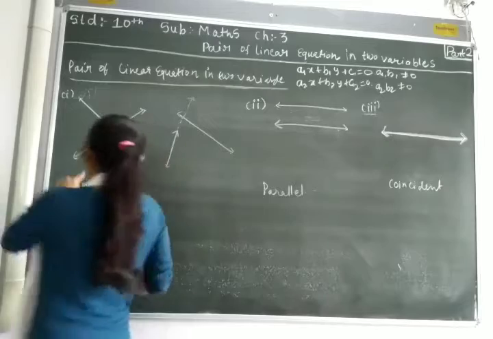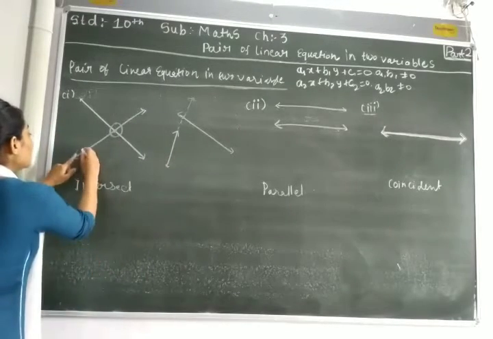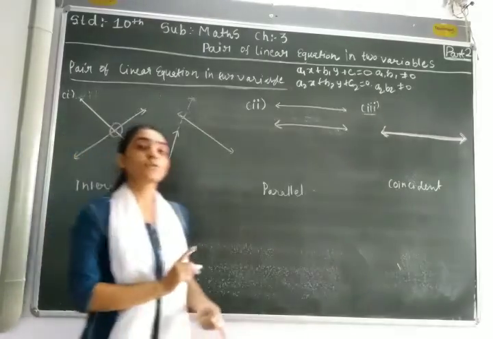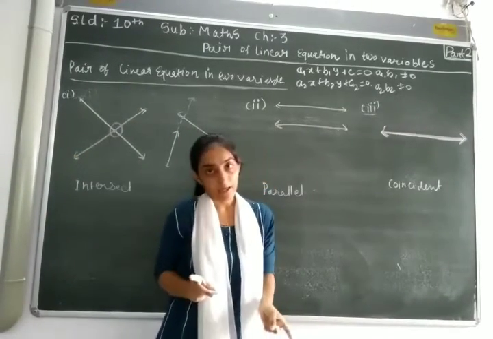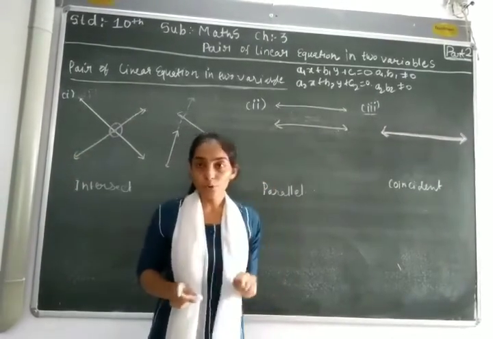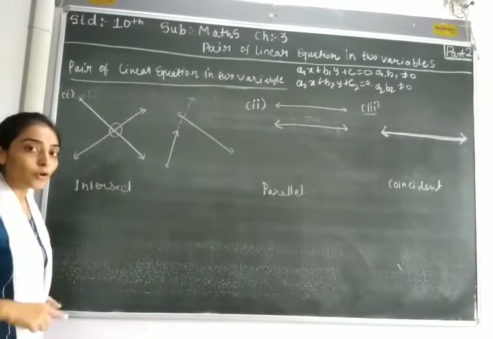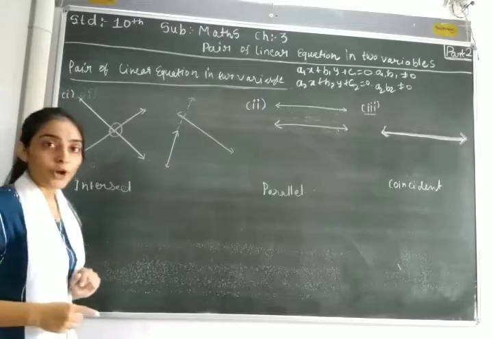We know that each and every point of a straight line is a solution of that equation only. Here we talk about two equations. When the lines intersect, we find one common point.